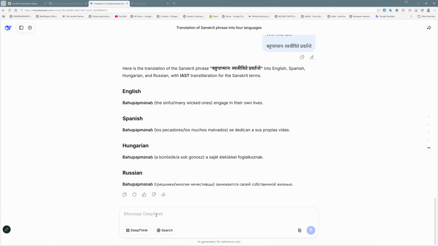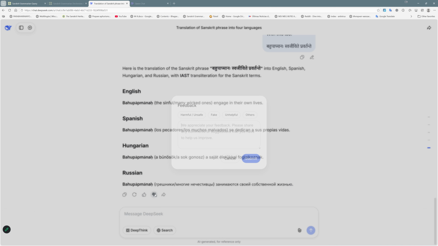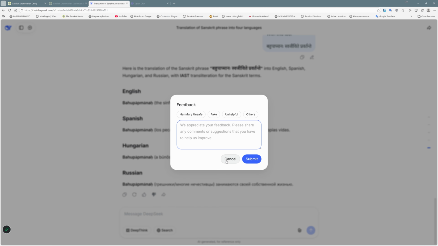Los pecadores se dedican a sus propias vidas. Innocent translated. Piece of crap, the translation. The sinful engage in their own life. No, what is this translation? No, guy. Sorry, guy. Oh, what's the problem? What's the problem with this translation? A disaster, the translation.